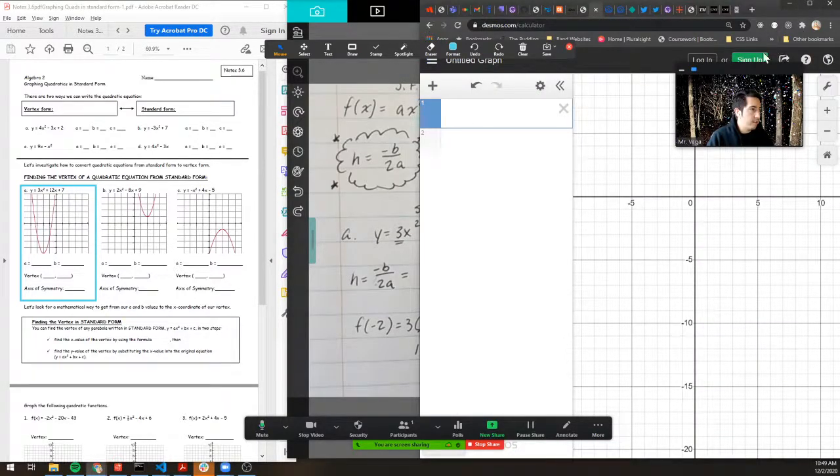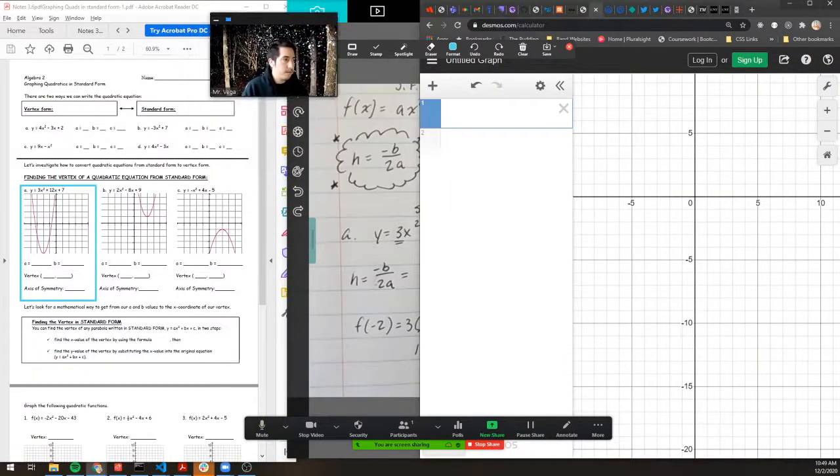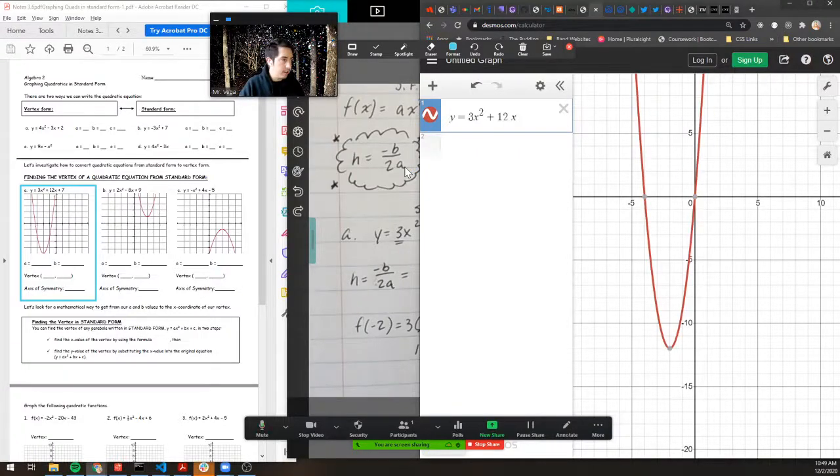Let's look at Desmos really quick. Here's Desmos. We started off with this equation, y equals 3x squared plus 12x plus 7, which becomes a parabola.